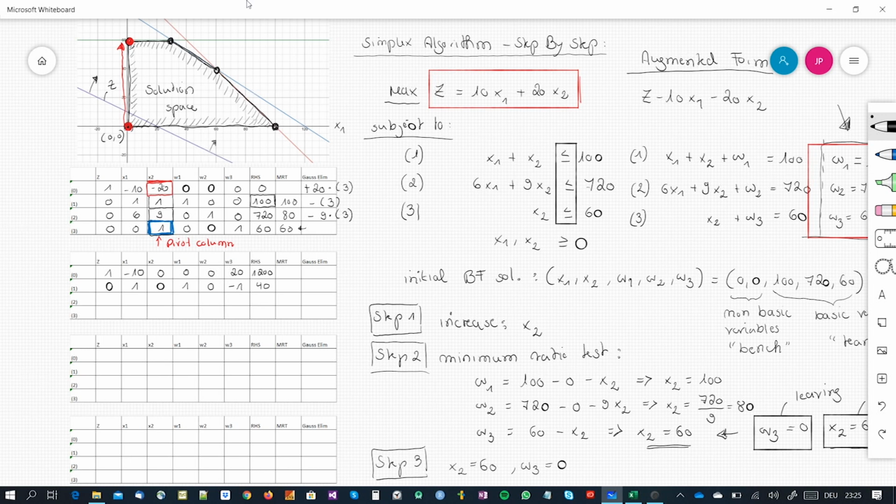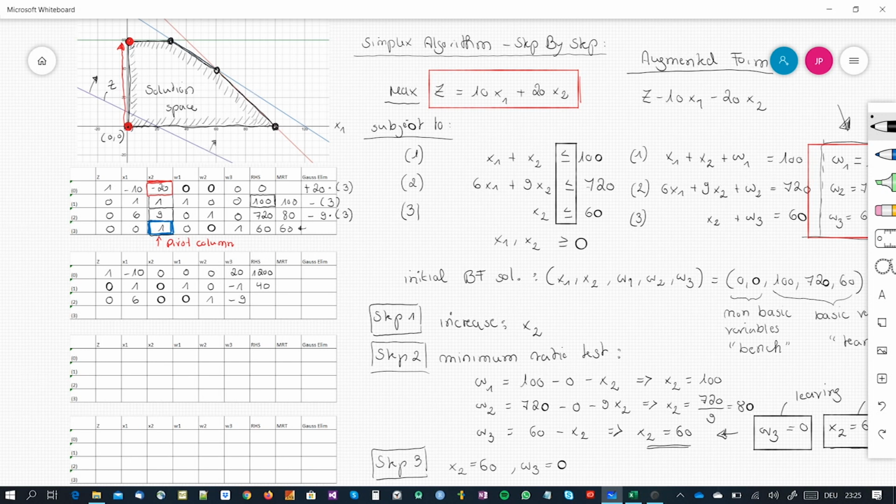Now the second one, the second constraint, 0 minus 0 is 0. 6 minus 0 is 6. 9 minus 9 is the 0 that we wanted. And 0 minus 9 times 0, 0. 1 minus 9 times 0 is 1. 0 minus 9 times 1 is minus 9.